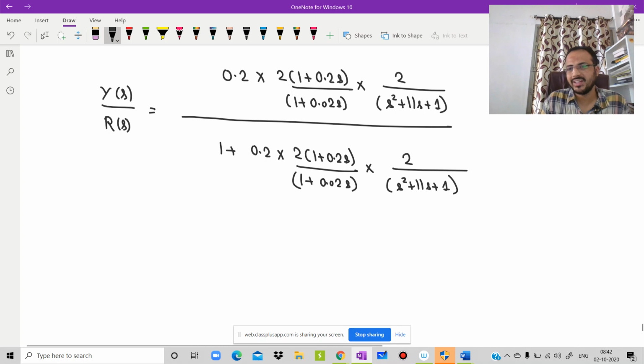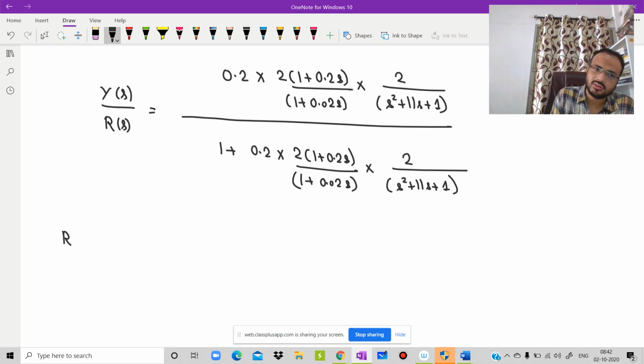If you want to calculate the steady state gain, then by default, input is a unit step input.